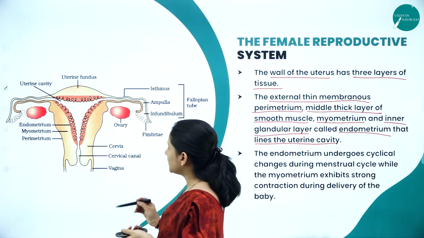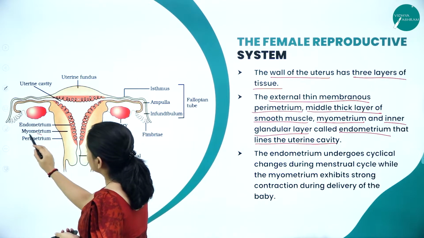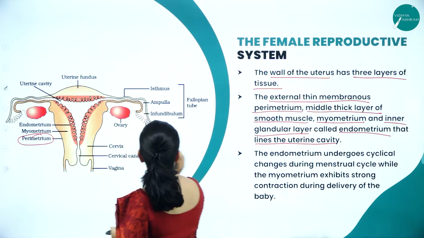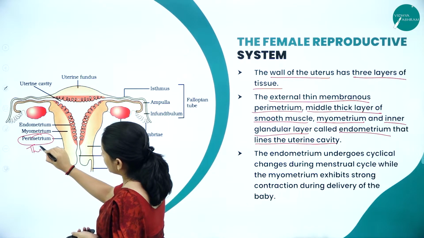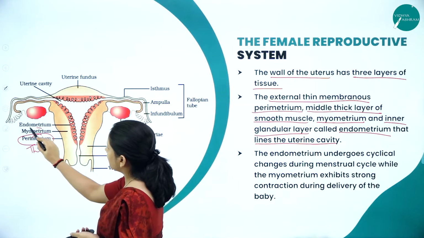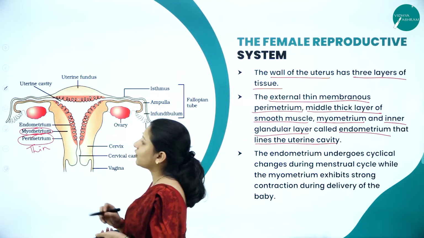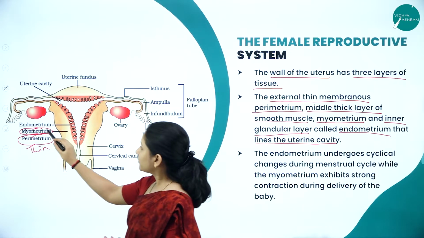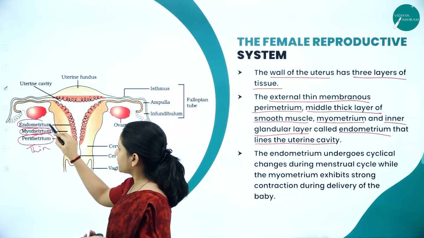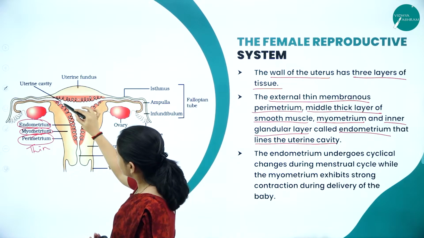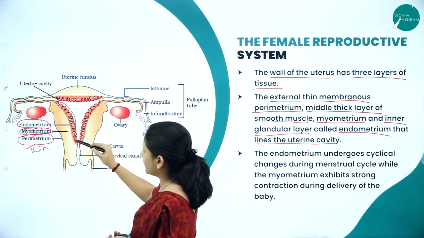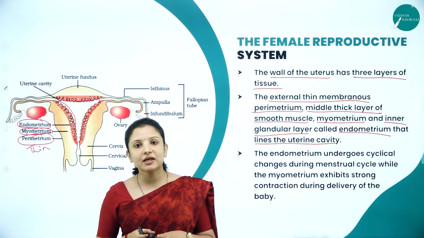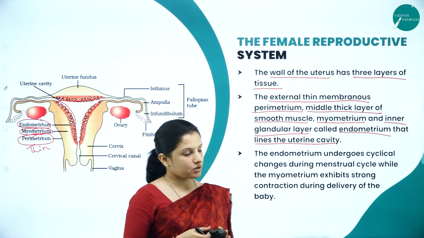As you can see here, the outermost layer is the perimetrium, which is thin. The middle layer is thick, and it is called the myometrium. Inner to the myometrium is the endometrium, which lines or covers the uterine cavity. Therefore, the endometrium is the innermost layer of the uterus.